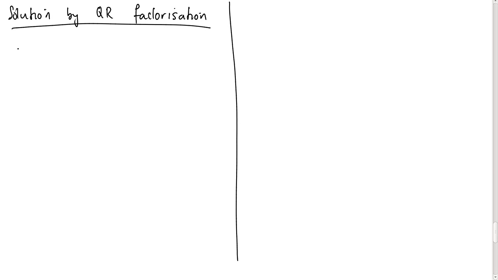Okay, so if we compute the full QR factorization, solving the same problem, we have A equals QR, where Q is square and orthogonal.